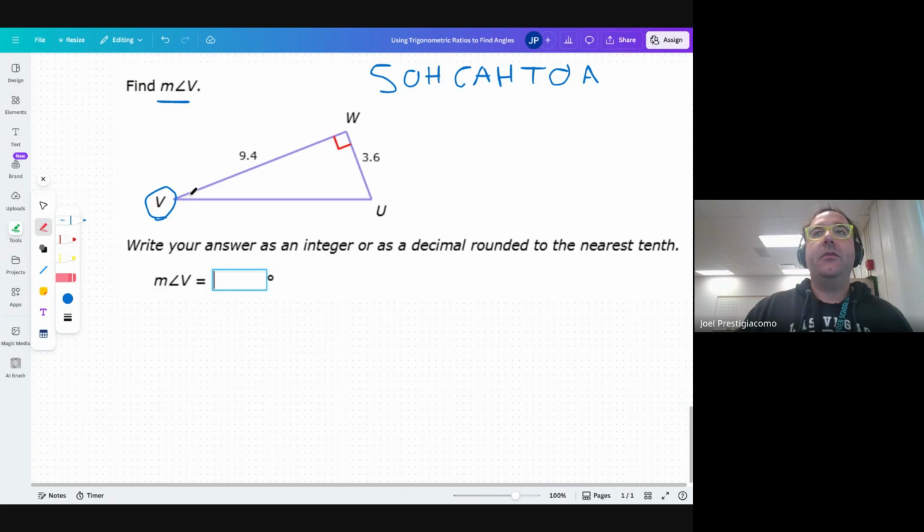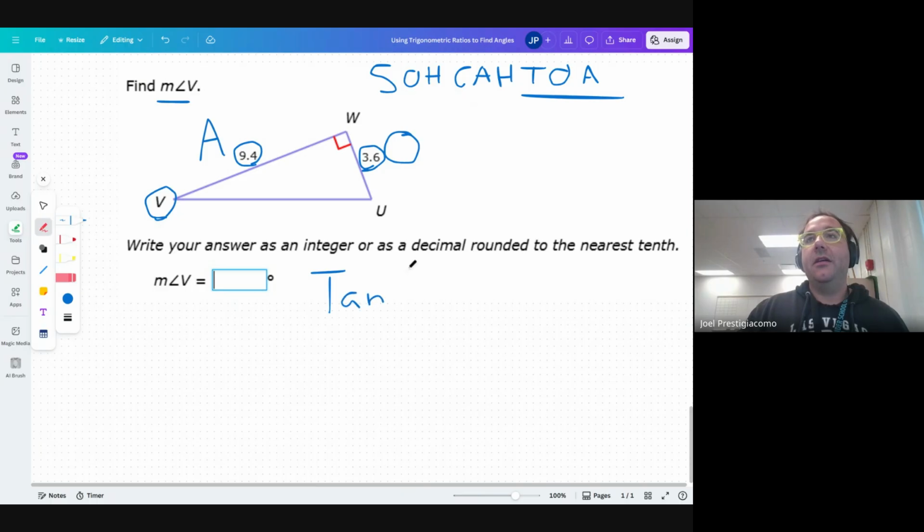From angle V's perspective, I see 3.6 and 9.4. These would be the opposite side and the adjacent side respectively. We don't have the hypotenuse, the longest side. So we have O and A. This is what tangent is built for. So the tangent of angle V is where we're going to start.